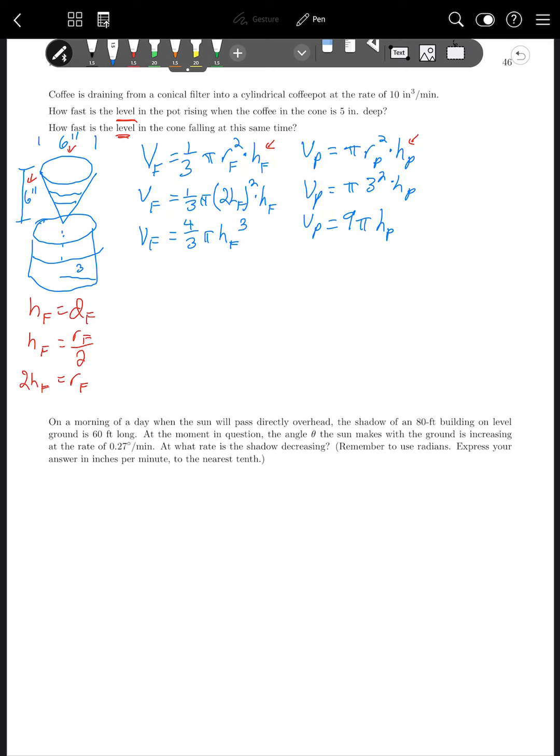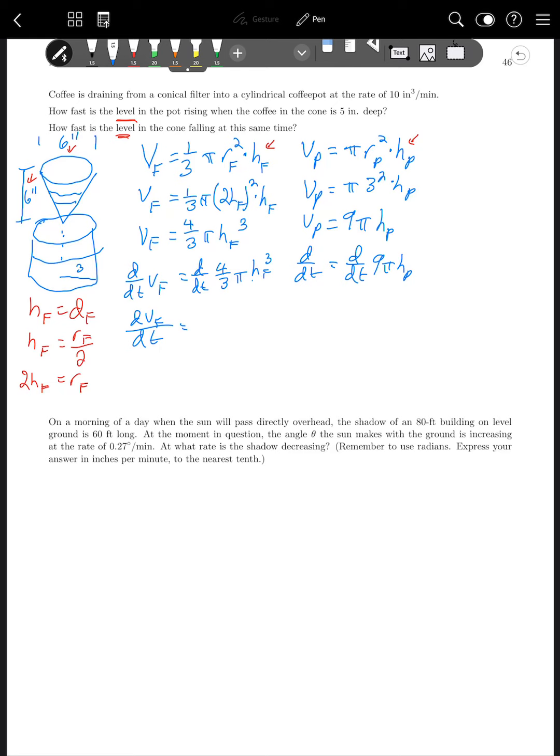Now we want to take the derivatives. We need to get the rates into the problem, so we take the derivative with respect to t of both sides of both formulas. The derivative of the volume with respect to t equals: 4/3 pi are constants, so I'm just doing the derivative of h of f cubed.